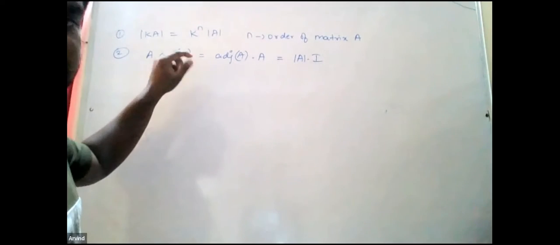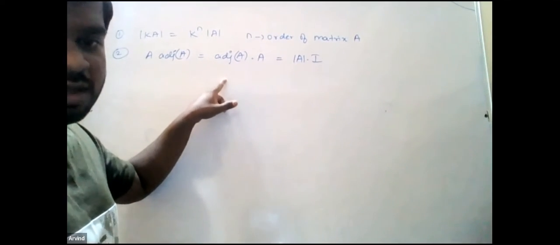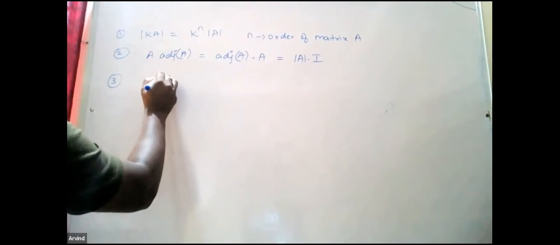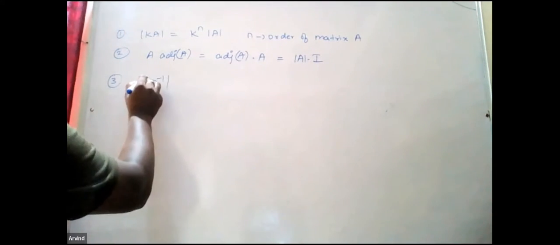Either way, no problems. Many problems are based on this. Okay, so you have to know it. Then third point, determinant of A inverse. You know how to find the inverse, right? Determinant of A inverse.